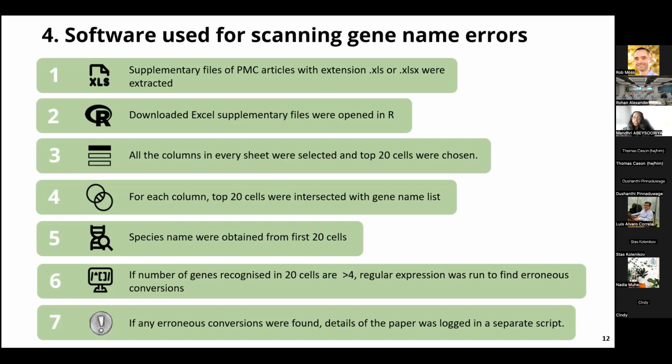For each column, the top 20 cells, we intersected with the gene name list that we have in our system. And then from that, we were able to identify the species name. And if the number of genes recognized in the 20 cells is greater than 4, then a regular expression was used to find the erroneous conversion. And lastly, if there is an erroneous conversion, then the details of the paper were logged in a separate script.